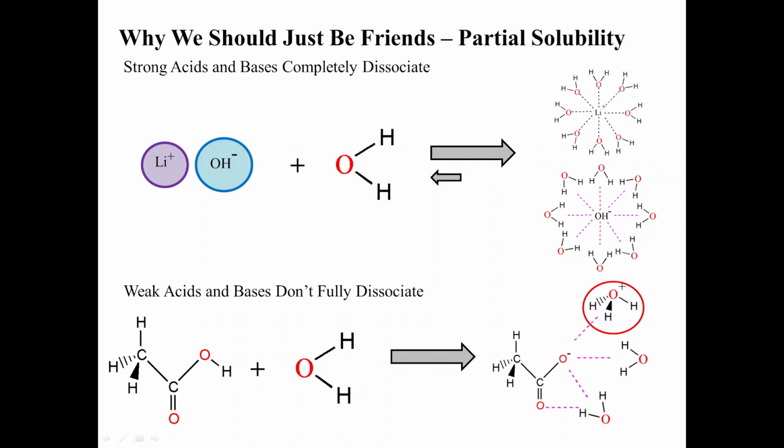But the reverse reaction can occur and is actually quite a big factor in this. So only some of the acetic acid is going to lose that hydrogen. It's going to differ for each individual acid or base, if it is a weak acid or weak base.